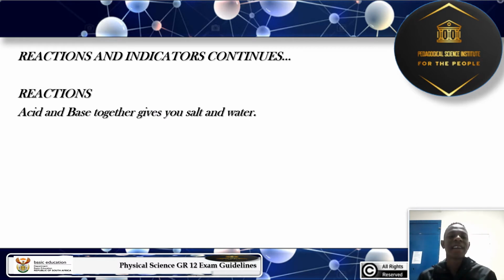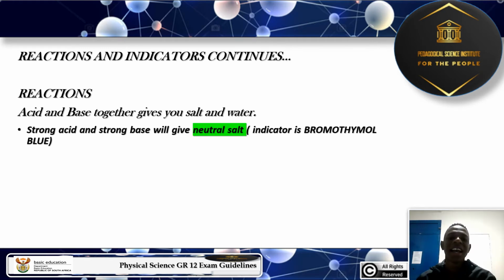So reactions, we need to know this. Acid plus a base together is going to give you what? Salt and water. Acid plus a base is going to give you salt and water.